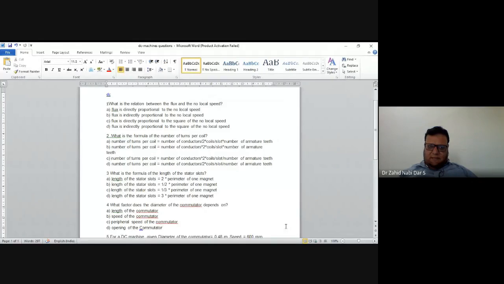You can see the questions. What is the relationship between the flux and the no load speed? So the first question is this. I want the answer in the chat box, only that I will consider for attendance, and this is for 5 marks. It is going to VTO.